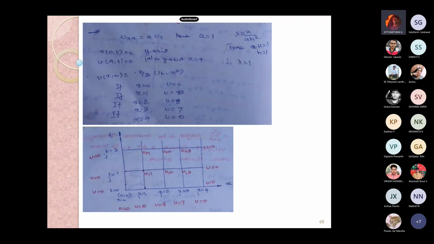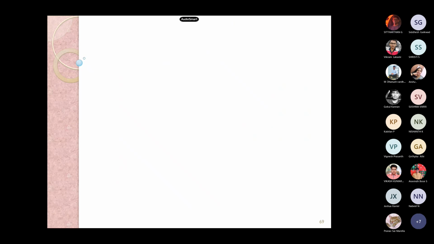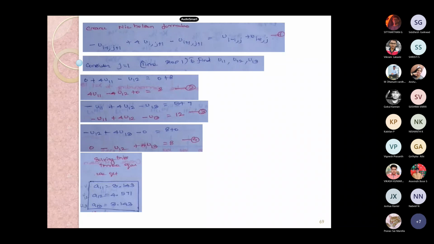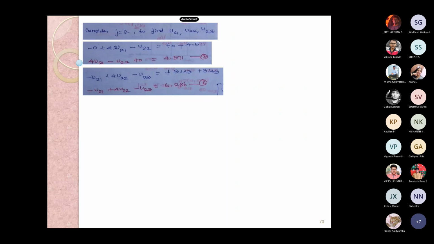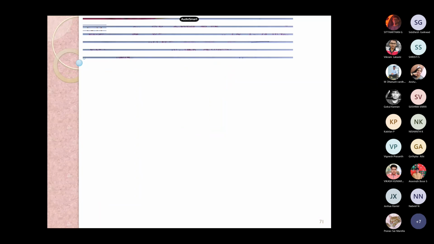The boundary conditions which we apply to calculate U21 and U23 are the same, so obviously you will get the same results when the number of digits is more. Yes, my appreciation is that.